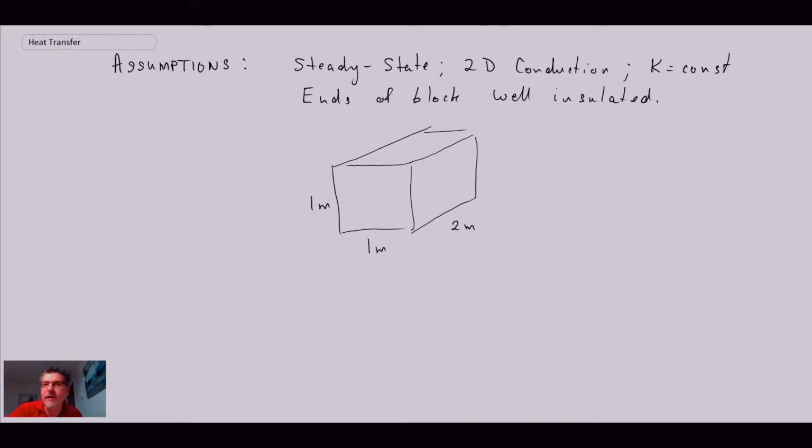So the block is really not that much longer than it is wide. To ensure we do not have conduction in the axial direction, we assume the ends of the block are well insulated, preventing any heat transfer in that direction. Consequently, all of the heat transfer is in two directions, because we have two dimensions, but then we'll have edge effects from the corners, which I just mentioned.